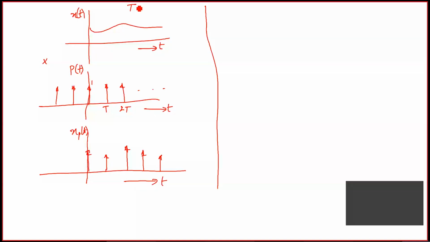In time domain, this is what impulse sampling is. We just multiply your signal with an impulse train, which is an infinite set of shifted impulses, and we end up getting as a result scaled shifted impulses. This is what happens in time domain.